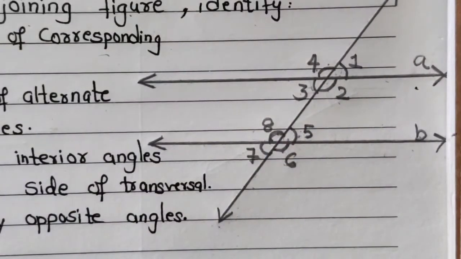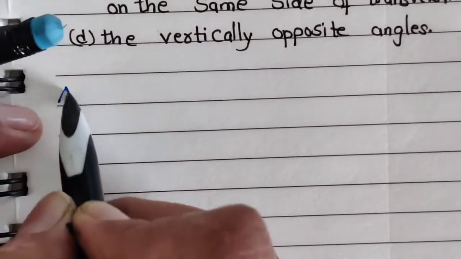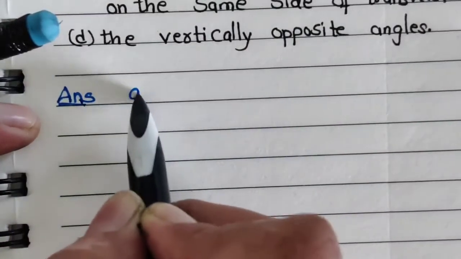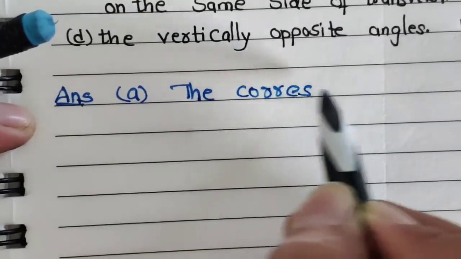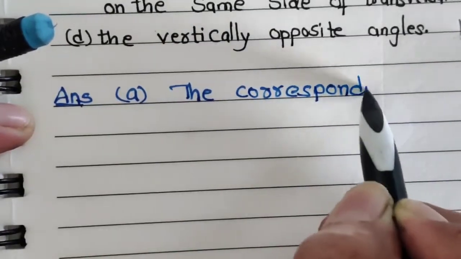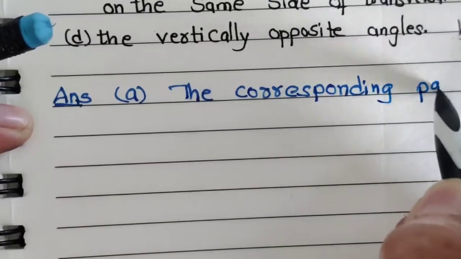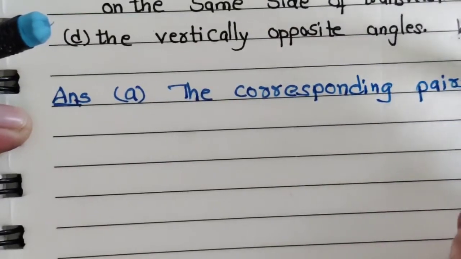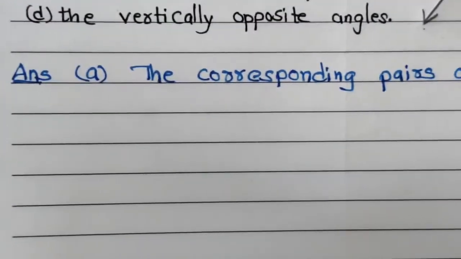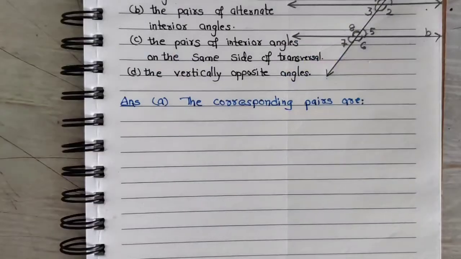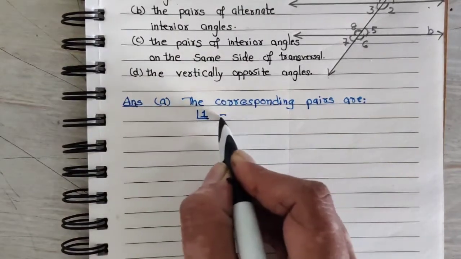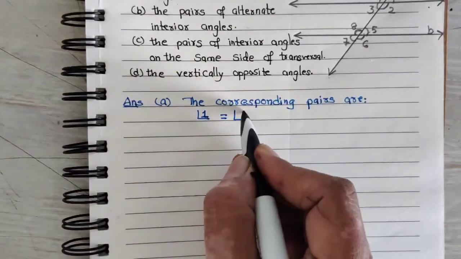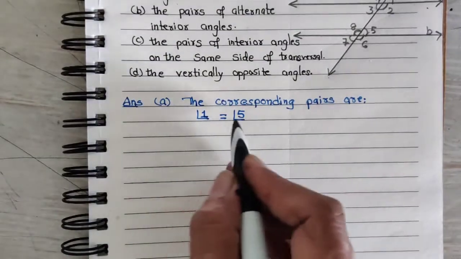So let us now write this down. We are going to write the answer for A. The corresponding pairs are angle 1 is equal to angle 5. As you know, corresponding pairs are always equal.